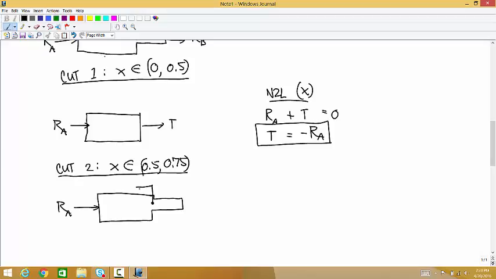Now we also have the 10,000, but we're never including the RB because we're always cutting it short of that.